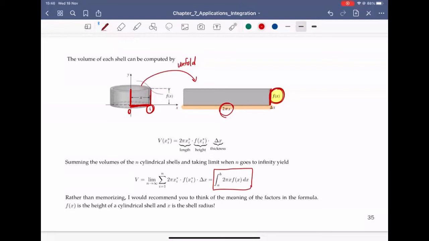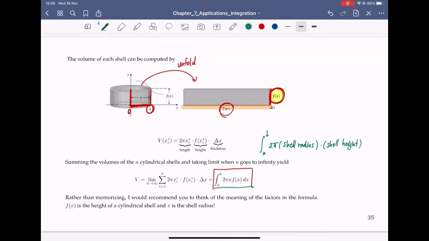My suggestion is that I do not memorize the formula as 2 pi x f(x) dx because it's confusing to me. What I memorize is the integral from a to b of 2 pi times the shell radius times the shell height. This makes more sense to me.